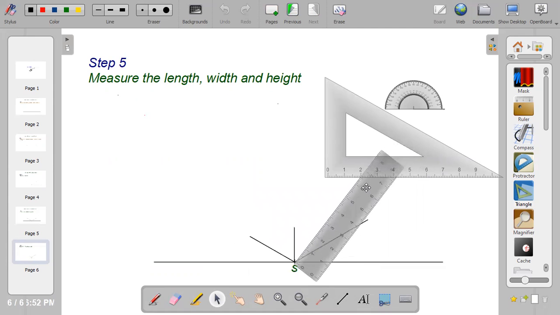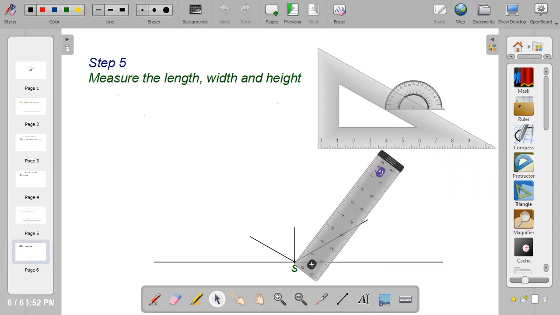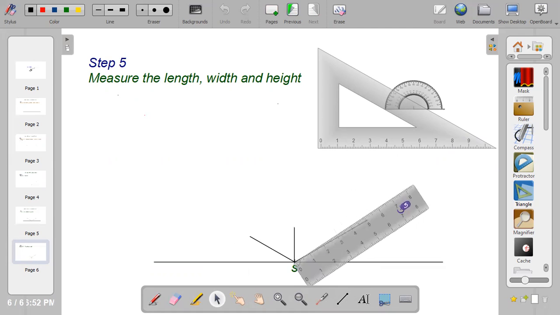I'll measure this to be sure I have 50 mm because the question says we should use 50 mm. So I have 50 mm on my right-hand side.